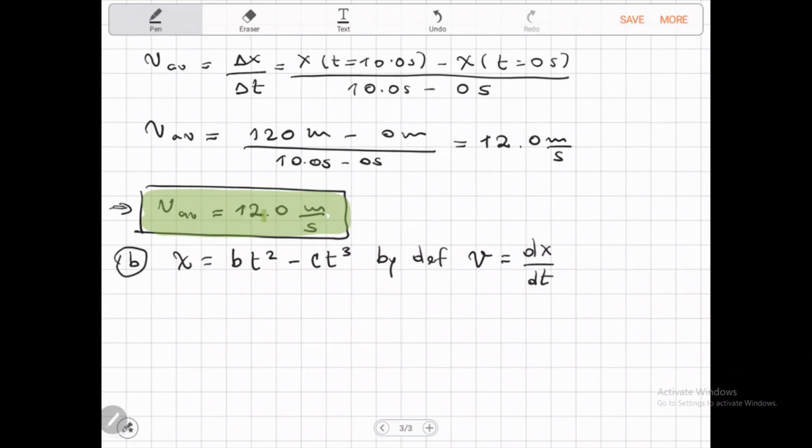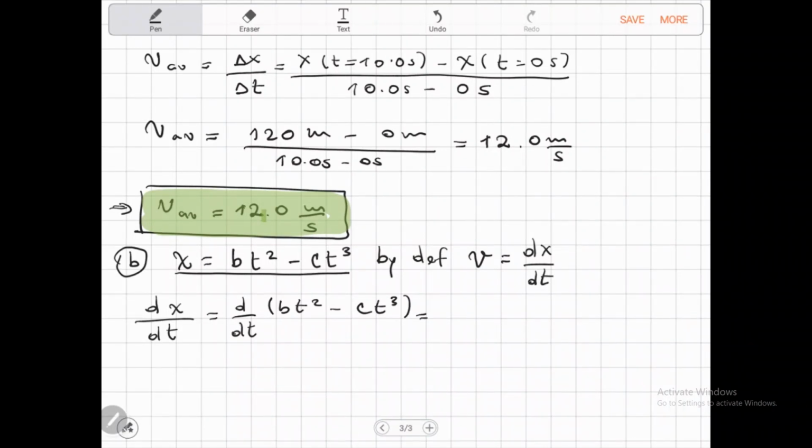So what we have to do is differentiate this equation with respect to time. The derivative of x with respect to time is equal to the derivative with respect to time of this equation, and this equation is b t squared minus c t cubed.